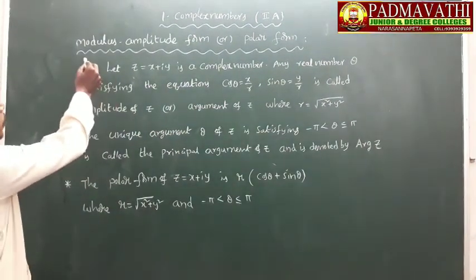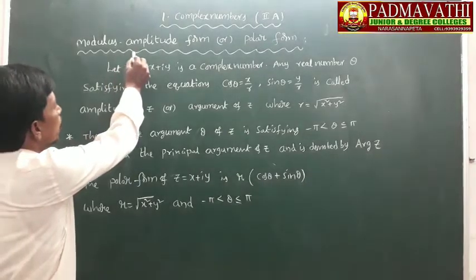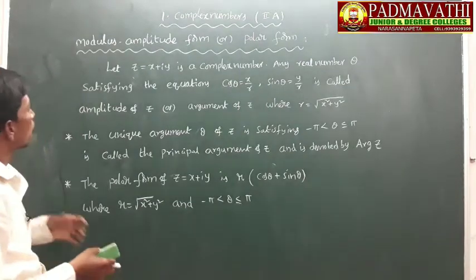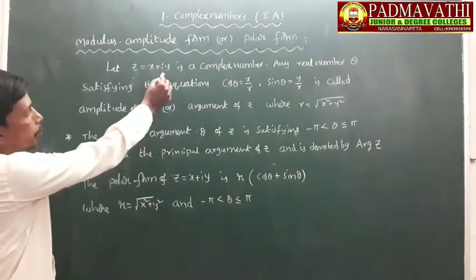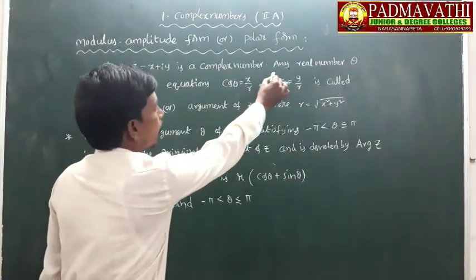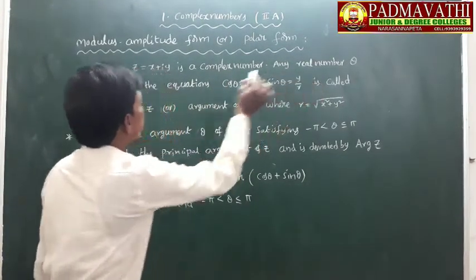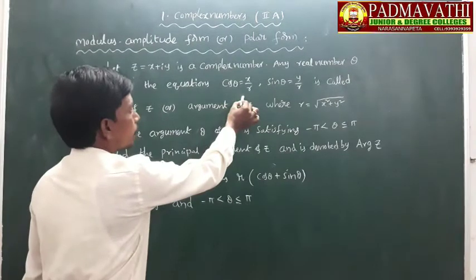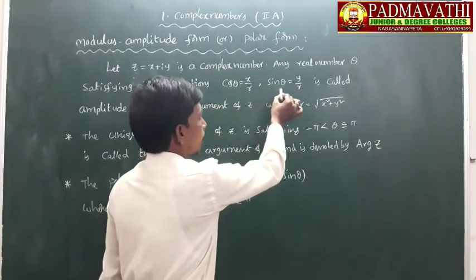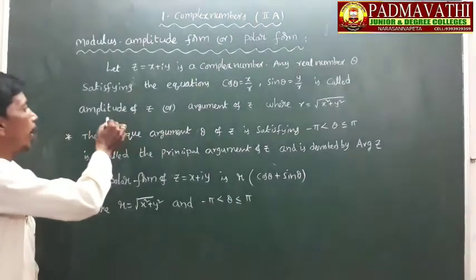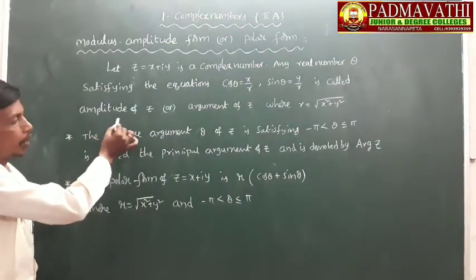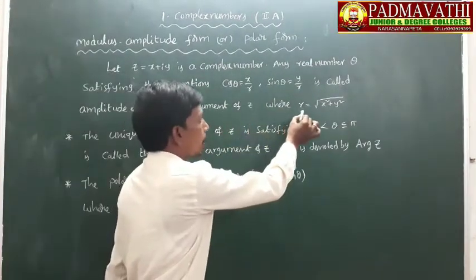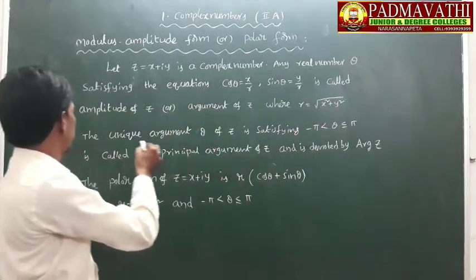Now the definition: modulus amplitude form or polar form. Let z equal to x plus iy be a complex number. Any real number theta satisfying the equations cos theta equal to x by r and sin theta equal to y by r is called the amplitude of z or argument of z, where r equal to square root of x square plus y square.